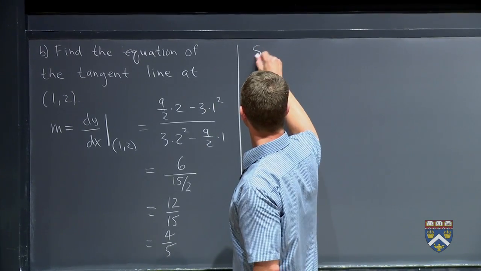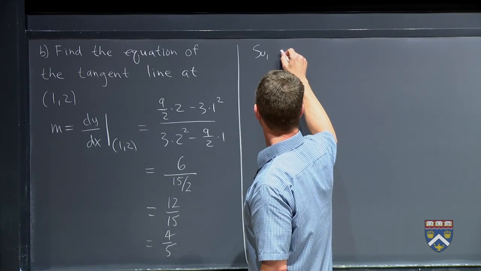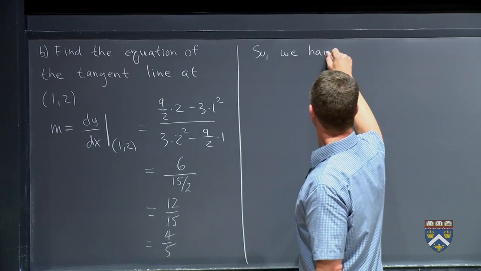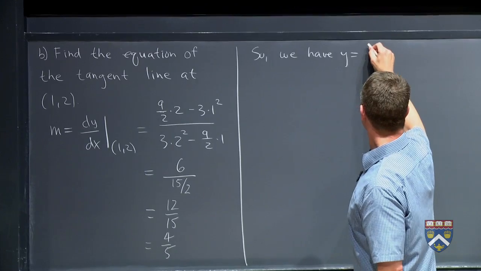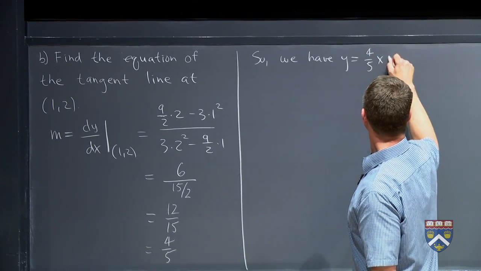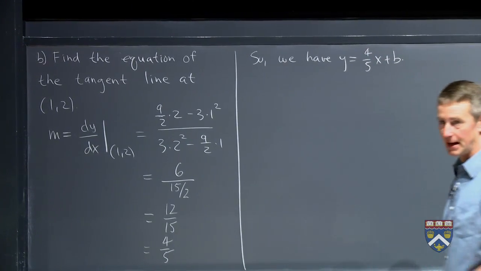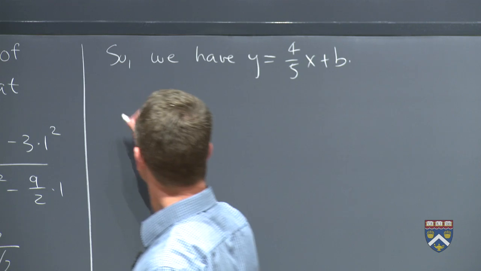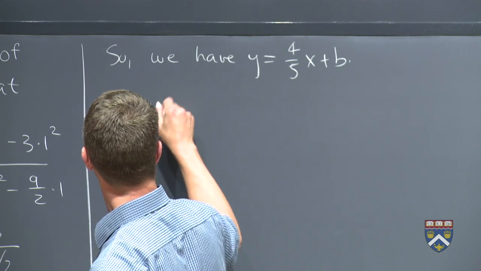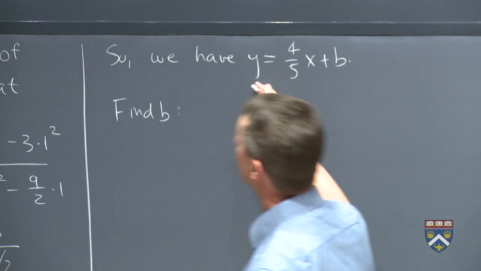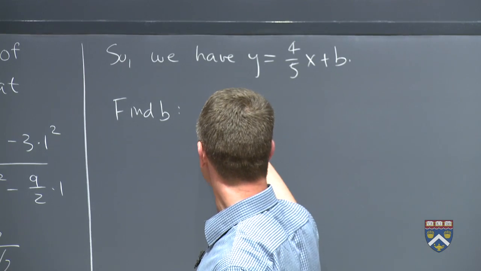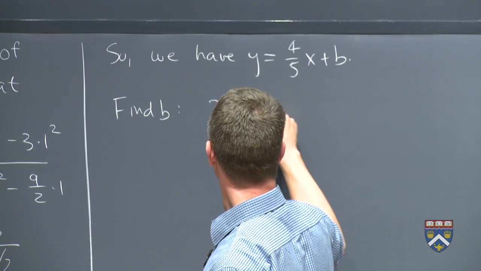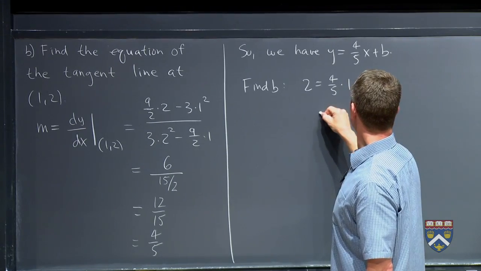So what have we figured out? So we know y equals 4/5 x plus b. 4/5 is a positive number, just like we were expecting to get. And now it's up to us to find b. So let's plug in to make that happen. We know that the y value we're going through is y equals 2, and the x value is x equals 1.